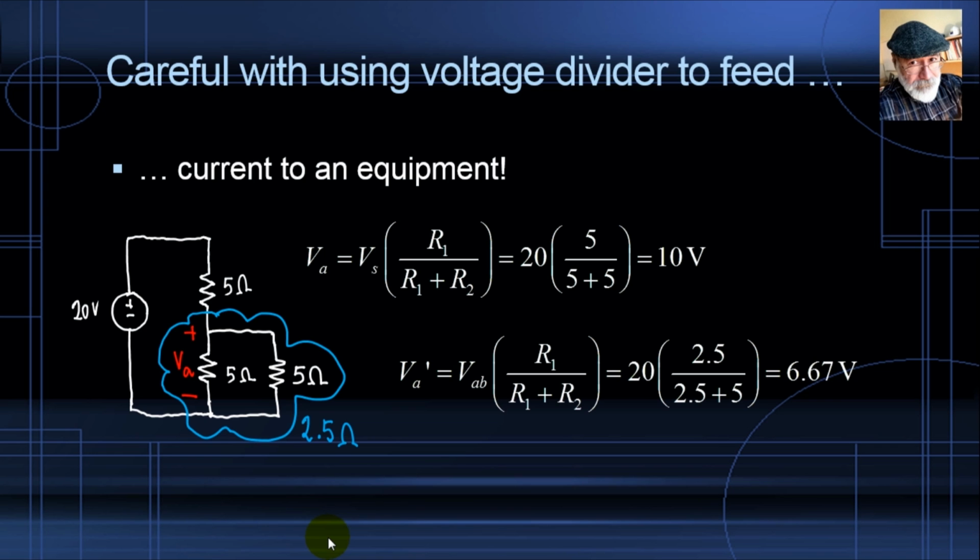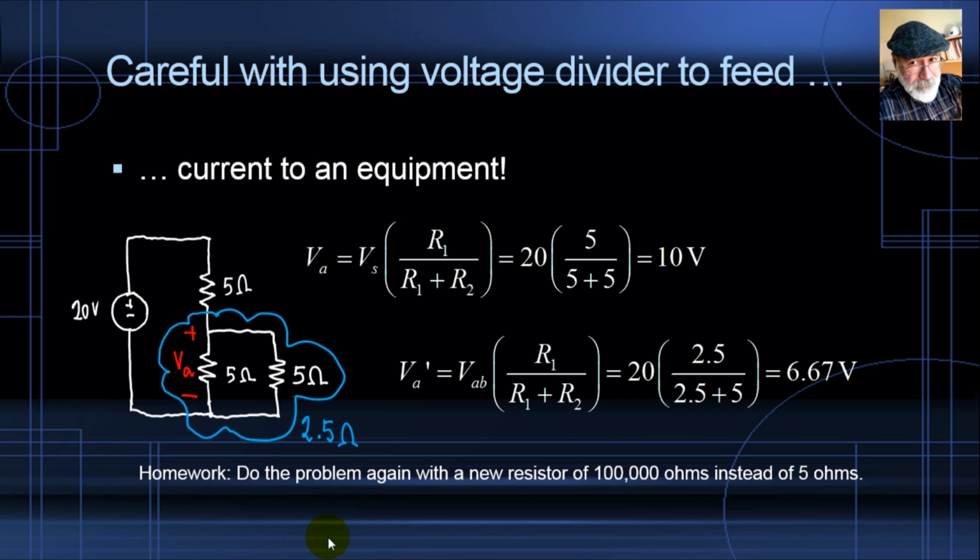That means that the voltage divider now is going to give you a much lesser voltage. Why? Because 2.5 is only 1/3 of the total resistance of that new voltage divider. What is the total resistance of the new voltage divider? 5 plus 2.5, that is 7.5. Of course, the voltage VA is going to be only 1/3 of the total voltage 20, which is 6.66667 volts.